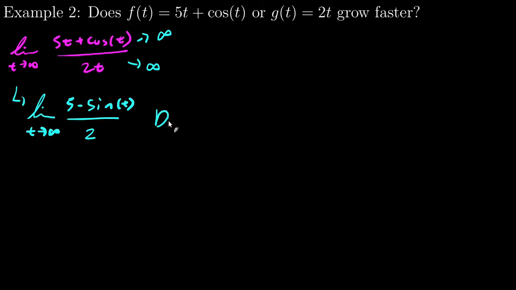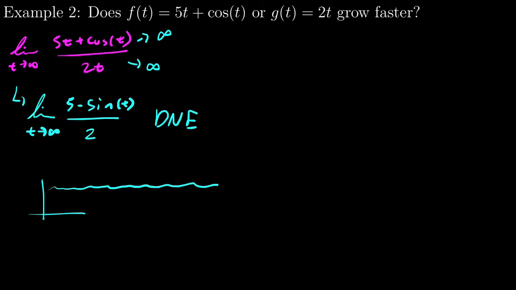And this does not exist because the numerator is going to be bounded between 4 and 6, sine being bounded between -1 and 1, so 5 minus 1 is 4, 5 minus -1 is 6, and it's bounded between there. The denominator is constant, and so I'm going to keep on oscillating from 4 over 2, which is 2, to 6 over 2, which is 3. It's never going to settle down.